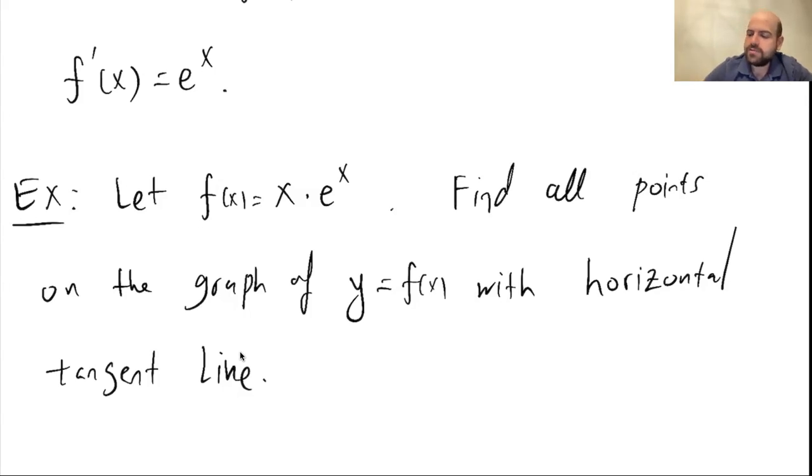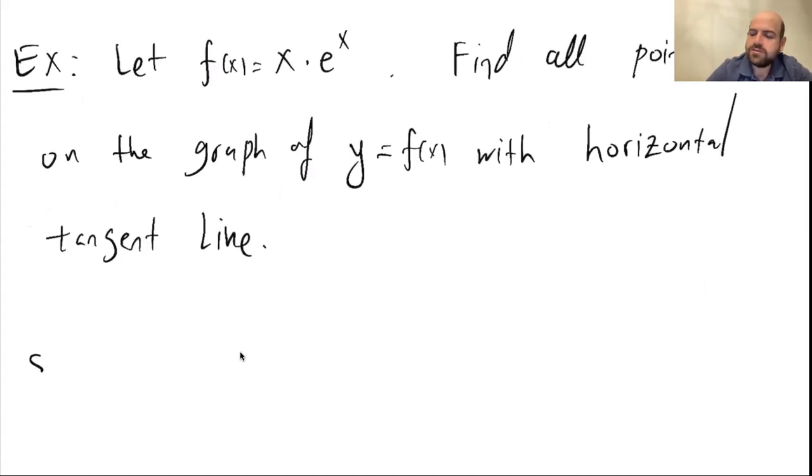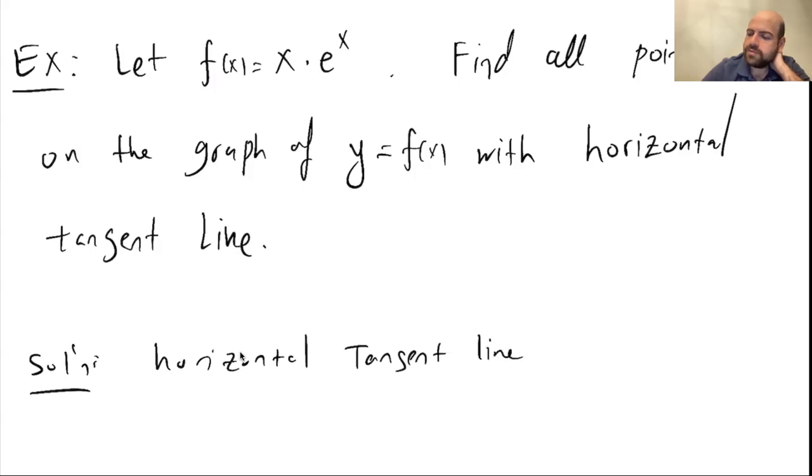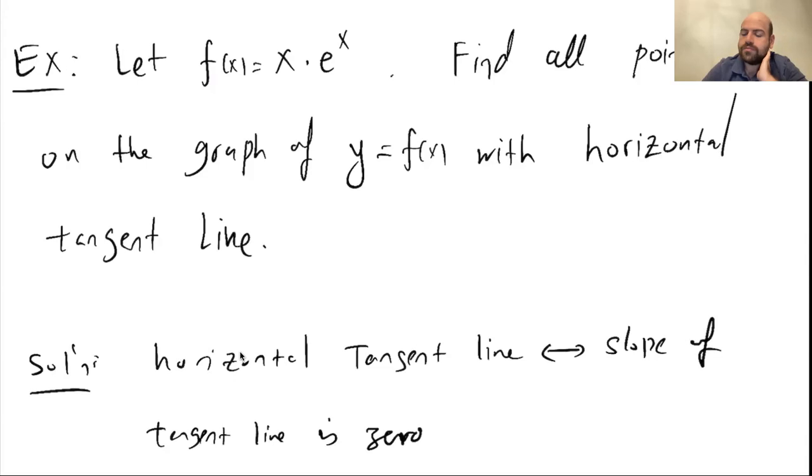Again, why is that? Let me write it down for you. Horizontal tangent line means the slope of the tangent line is 0, because the slope of a horizontal line is 0.